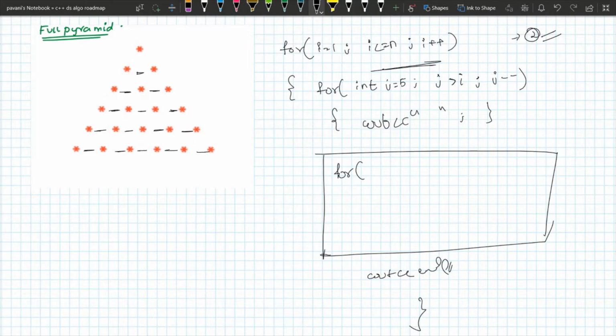That means after every star there is a space included. Think over it.